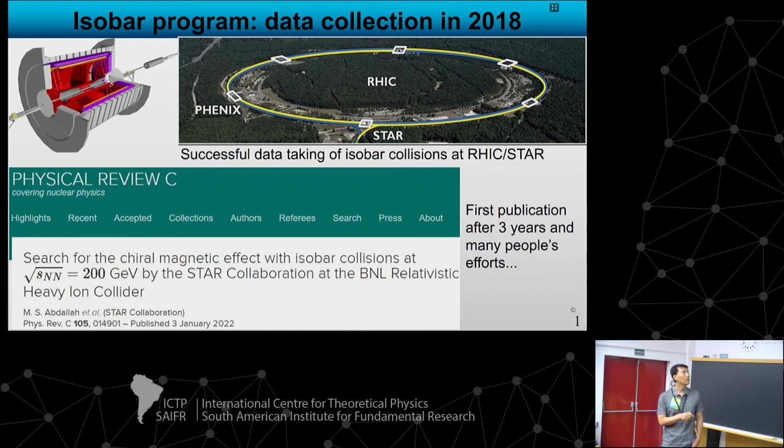The experiment of the isobar collision happened in the year 2018 at RHIC, and STAR successfully took the data. After 3 years of many people's effort, we published the first paper on the isobar data.